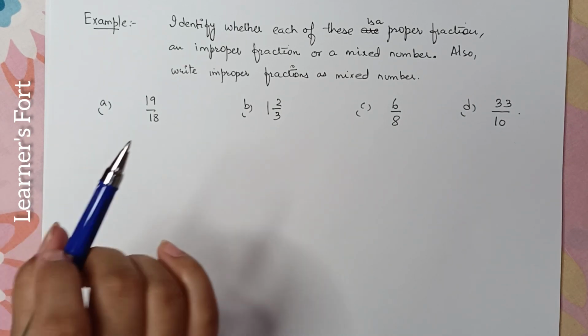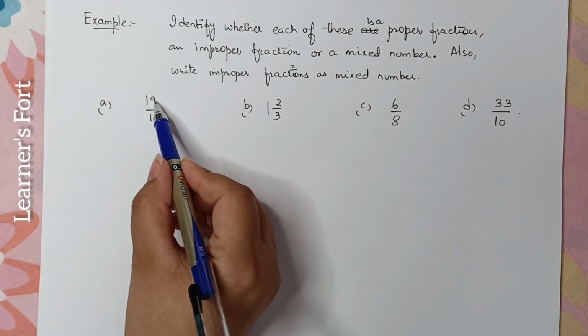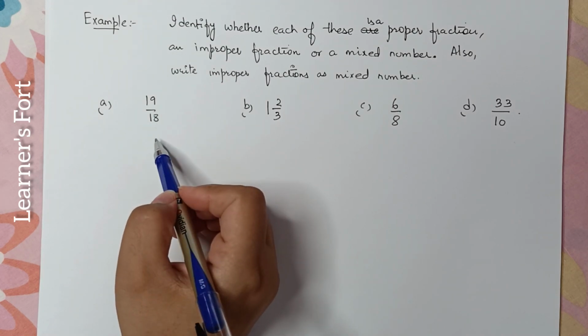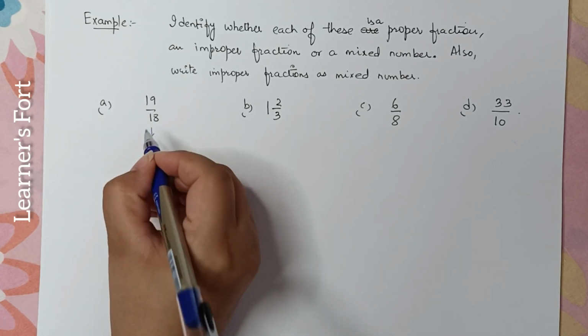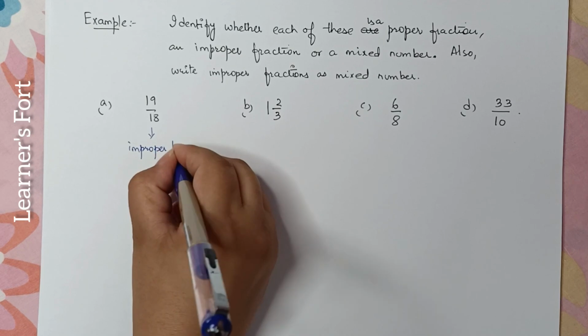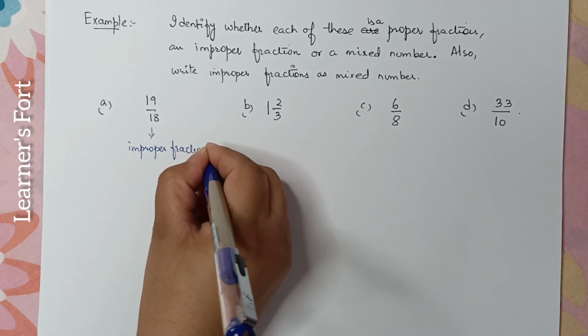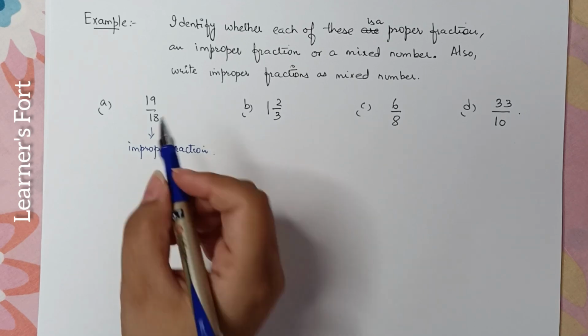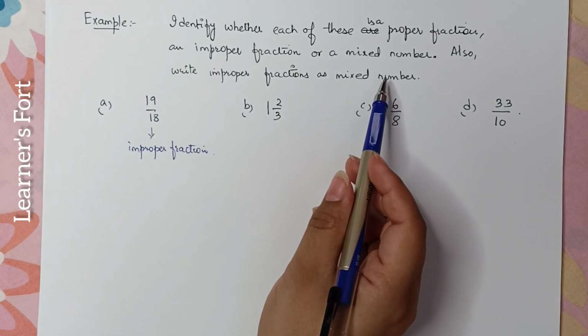Now, here you can see that the numerator is greater than the denominator. So what does it make? It is an improper fraction, right?